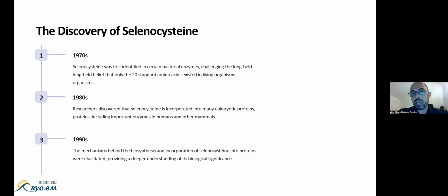So one of the mechanisms that bacteria can use to avoid the high selenium concentration inside its environment is actually transforming selenium compounds into selenocysteine, which is not dangerous, but actually helps the biochemistry and enzymatic functionalities of the cell. So it was discovered in the late 70s, but only the entire biosynthesis was fully understood in the early 90s.